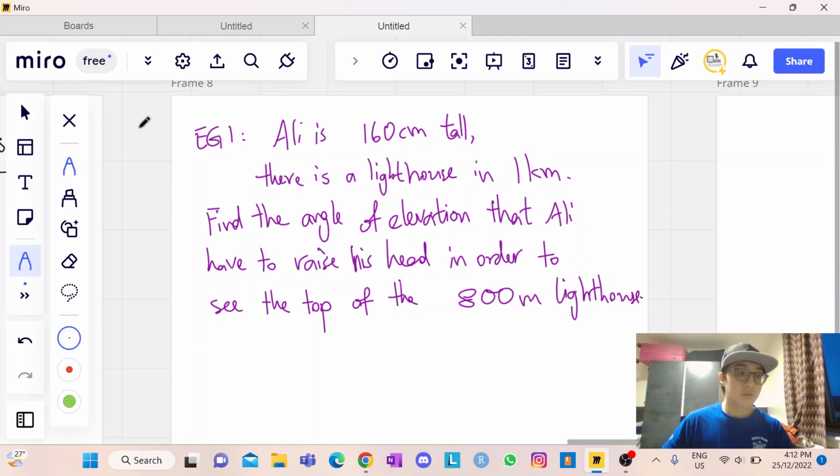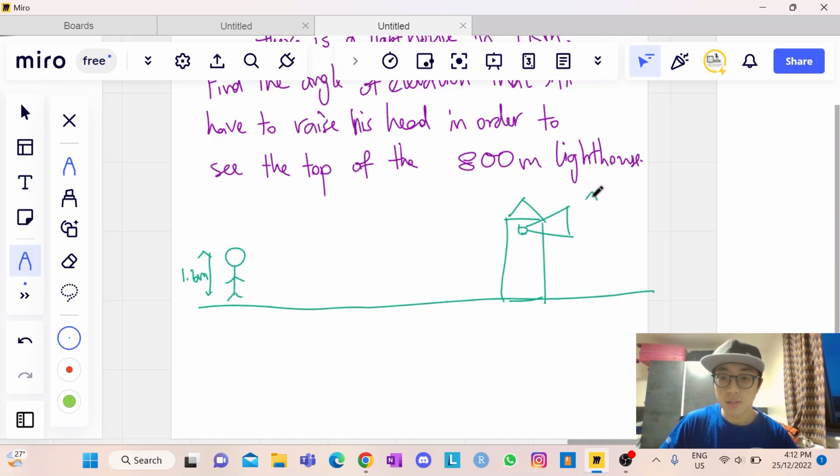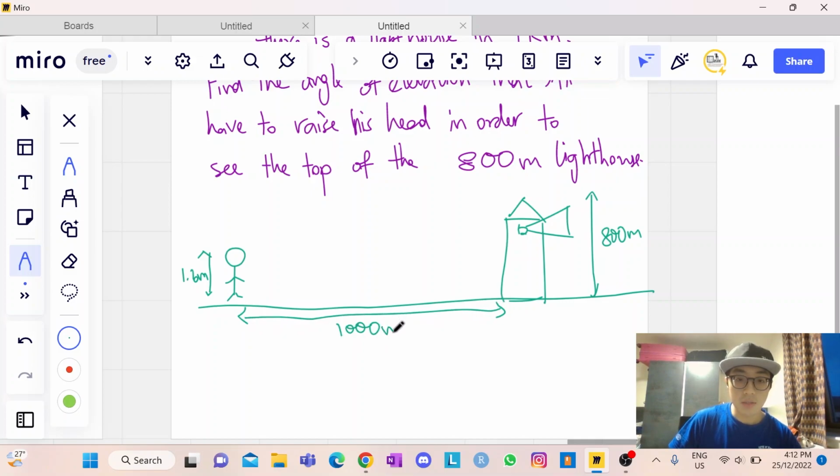So if you are to draw a simple diagram here to illustrate this, this is Ali, and he is 160 cm tall. We're going to work in terms of meters, so it's 1.6 meters. The lighthouse from the bottom of the land is 800 meters, and this distance right here is 1000 meters.